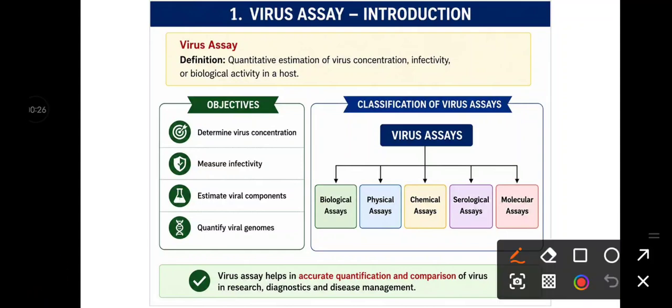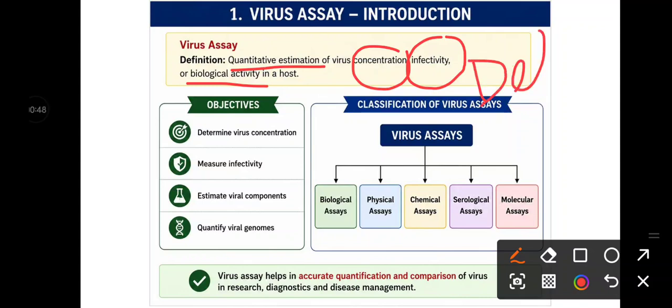So first, the virus assay. Virus assay means quantification or quantitative estimation of virus concentration, infectivity or the biological activity of a virus in the host plant. In contrast, detection means we will detect what pathogen it is, whether it is a virus, bacteria or fungi.